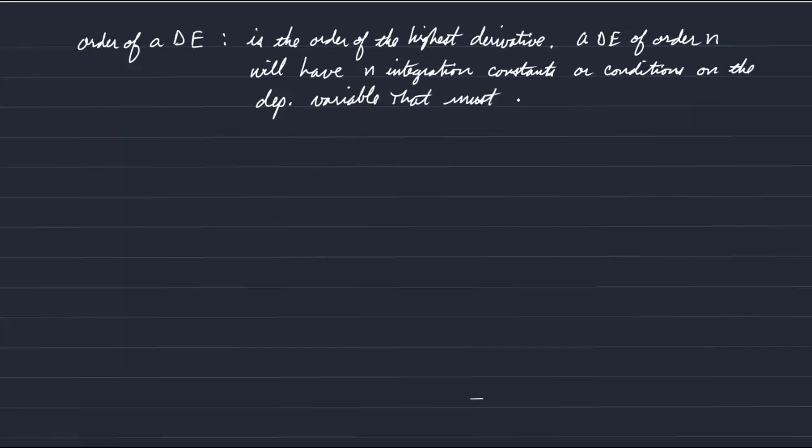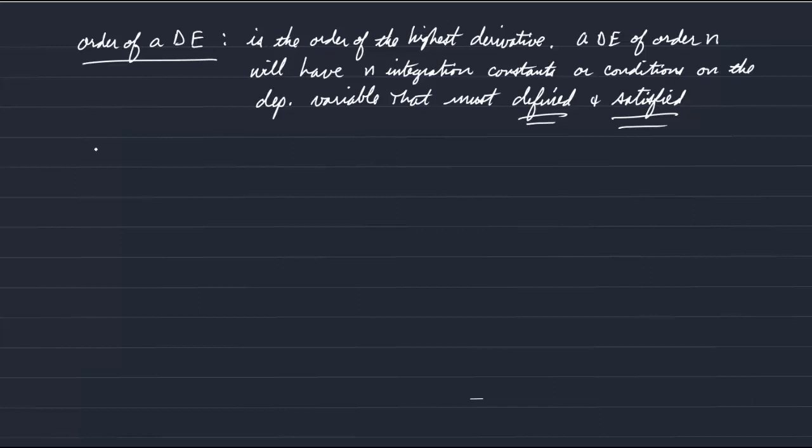Those conditions must be defined at the onset and satisfied to give the appropriate solution. And that describes the order of an ODE.